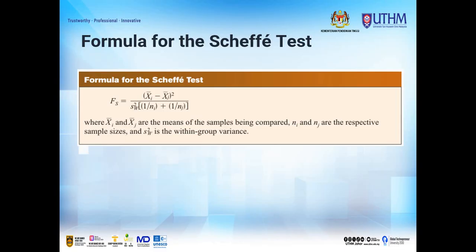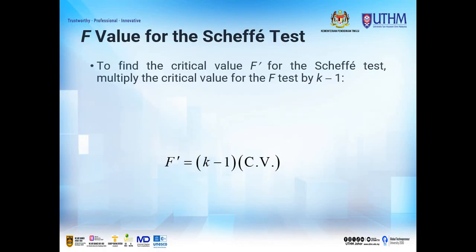And the formula for the Scheffé test will be Fs is equal to (xi bar minus xj bar) squared divided by the within-group variance times (1 divided by ni plus 1 divided by nj). Close the bracket. We'll see an example.